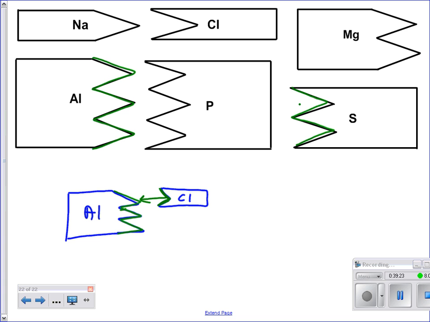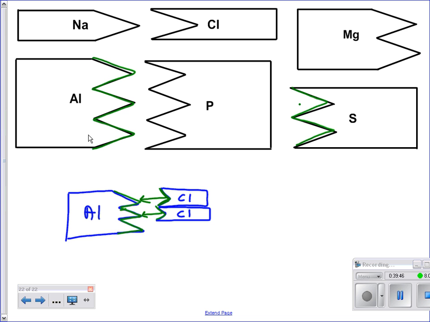Now, once that happens, chlorine has filled its octet, but aluminum still has 2 more valence electrons to get rid of. So what's going to happen is another chlorine's going to come up, and it's going to take this 1 more valence electron that aluminum has.